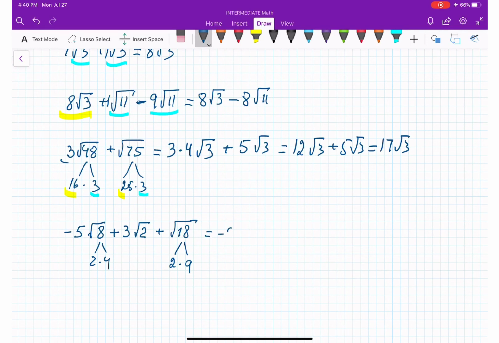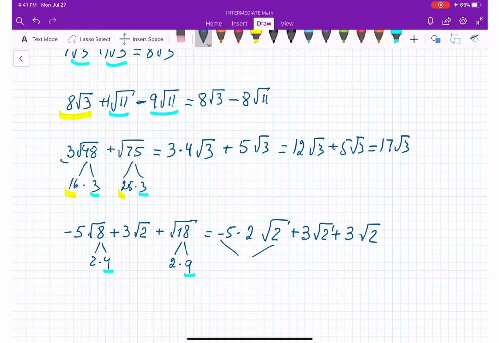That is equal to negative 5 times the square root of 4, which is 2, and square root of 2. Plus 3 square root of 2, and then plus square root of 9 is 3 and square root 2 stays there. So what do we get?